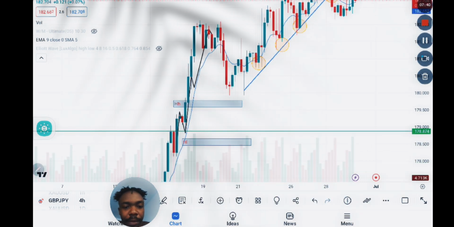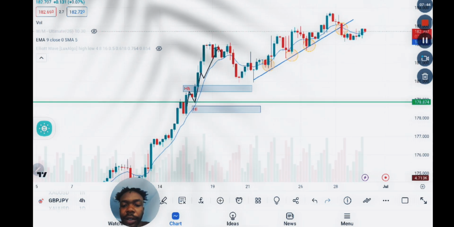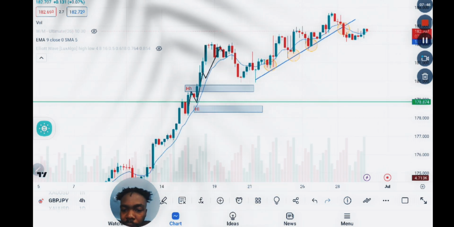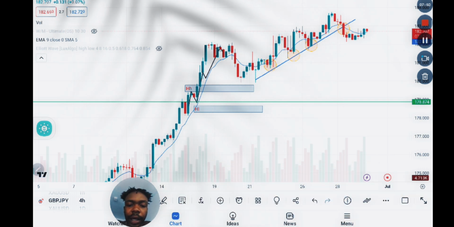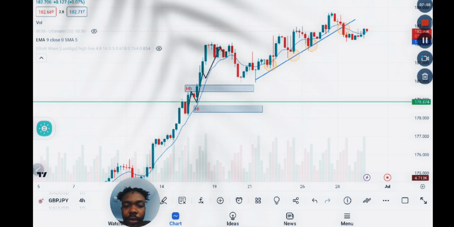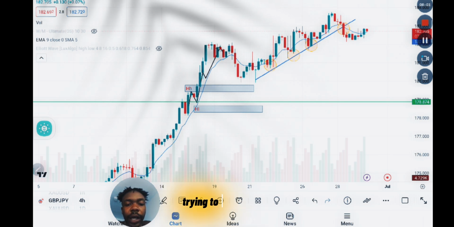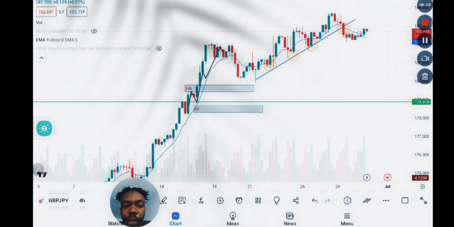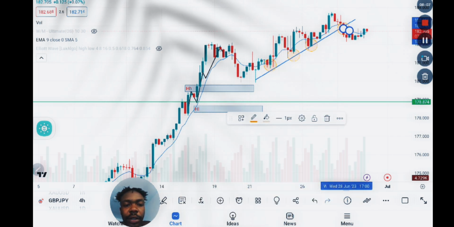So these are 3 methods that you can use to identify the trend of the market. One is to plot out by identifying the higher highs and the higher lows. The second is to draw your trend line from one point to the next point, trying to get it to a point where it's rejecting across that trend line.